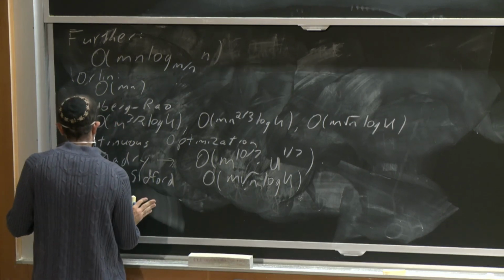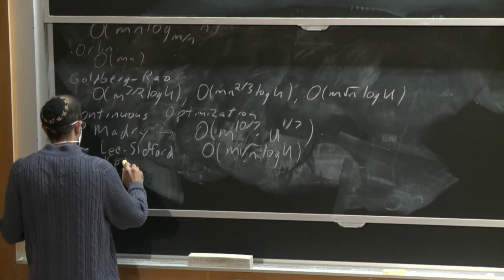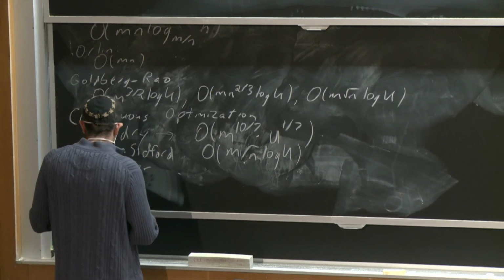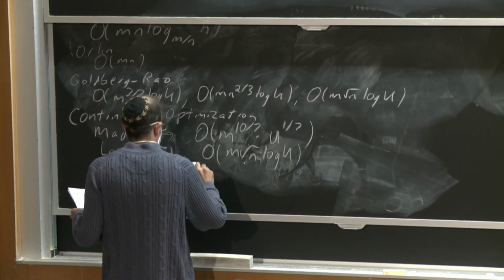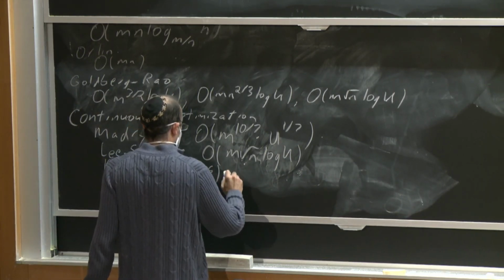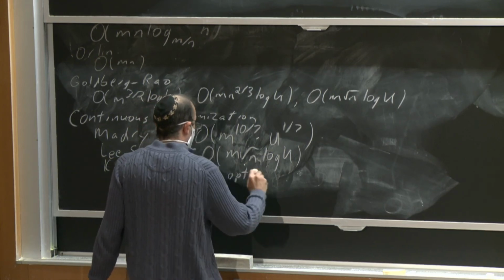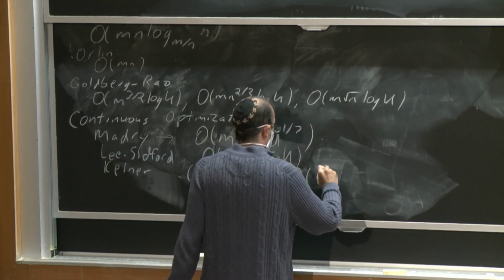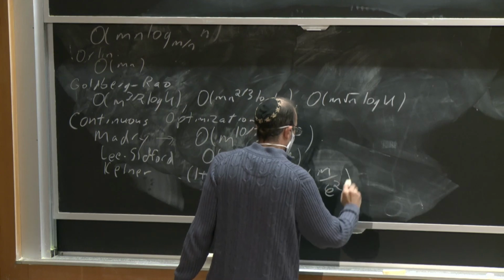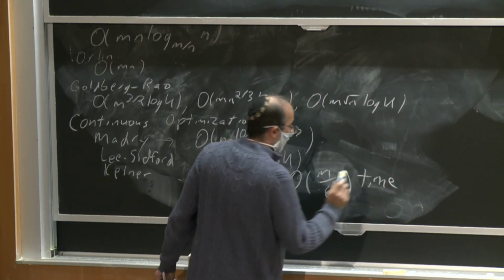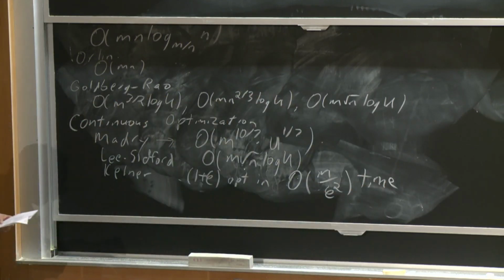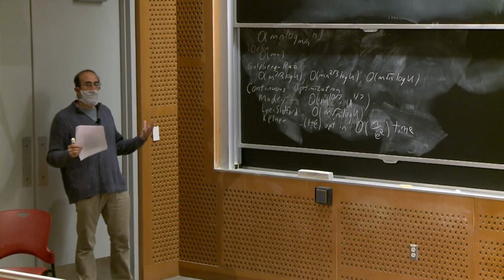And some more folks, including Kelner, who's over in the math department, have actually been getting approximation algorithms in linear time, modulo the approximation factor. And so this is actually still a quite unsettled area.